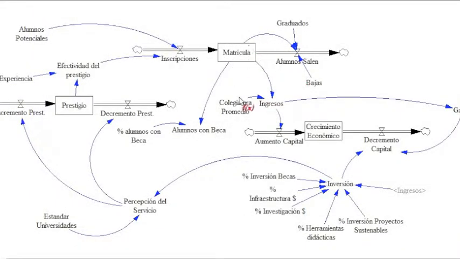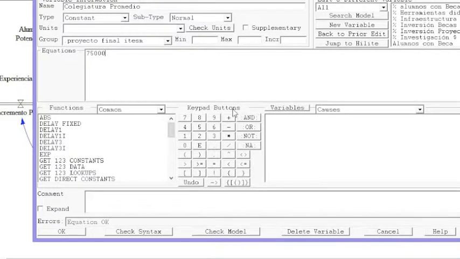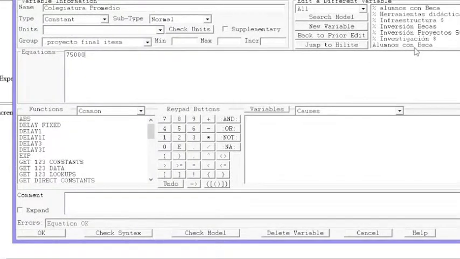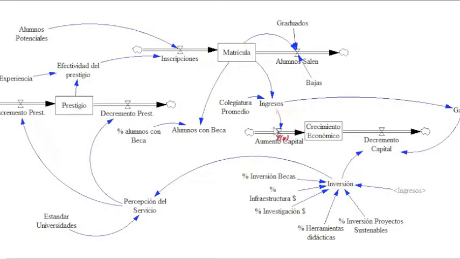These people who are inside the school have to pay something, so we have the average payment. This already includes our scholarships and all the different values of what we are paying. All those incomes go to the economic behavior of our school, but all the money that goes in eventually has to go out.